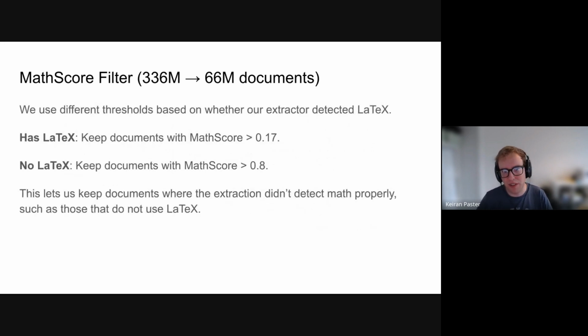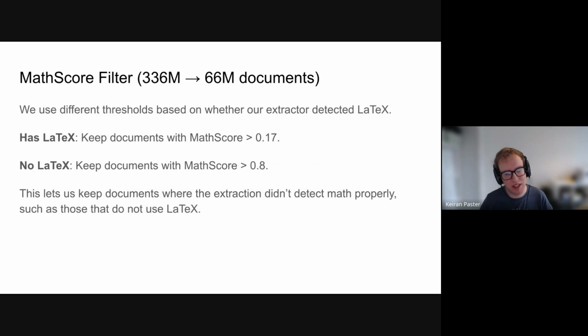For our filtering, we use different thresholds for this filter based on whether our extractor in the text extraction phase detected LaTeX. If the document has LaTeX detected, we keep all the documents that have over a 17% chance of having math as judged by our math score classifier.